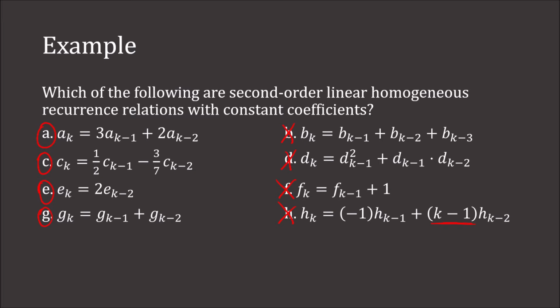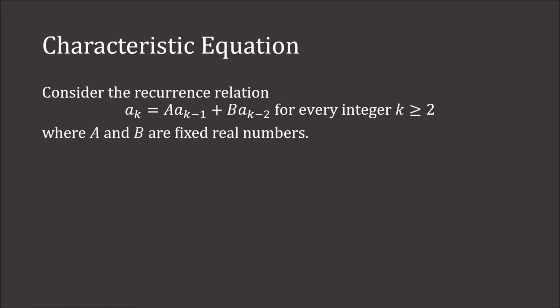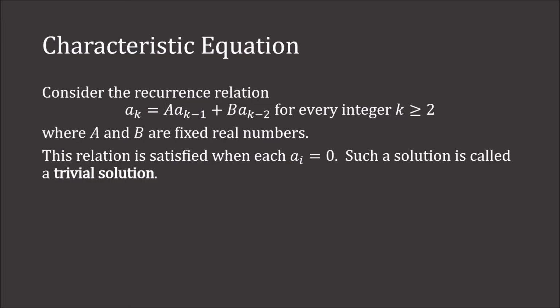So consider the recurrence relation given here. This relation is obviously going to be satisfied when each a sub i is equal to 0. Such a solution would be called trivial.